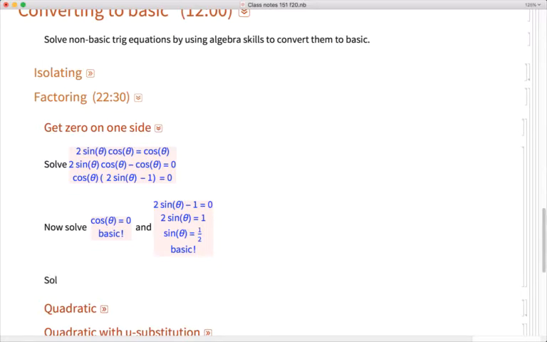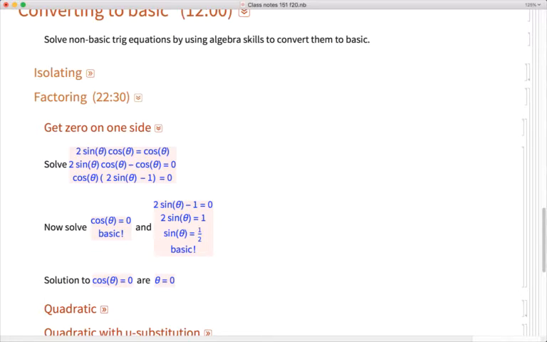Solutions to cosine theta equals 0 are, well, in the interval from 0 to 2 pi, there's only one angle where the cosine is 0. So when I said 0 to 2 pi, maybe I should have written that down.